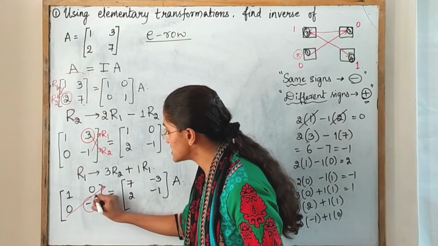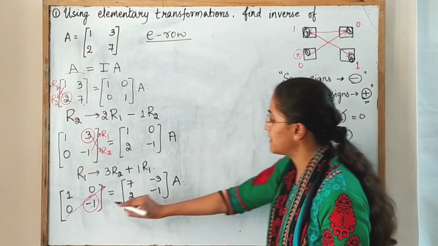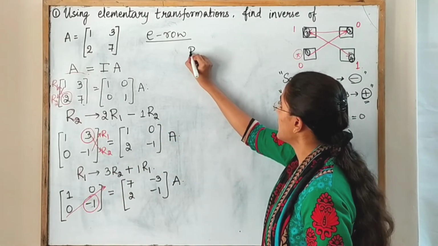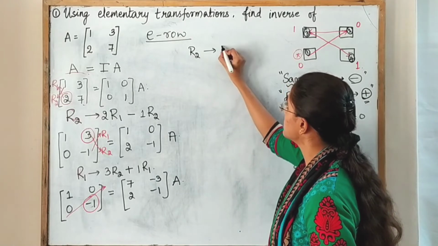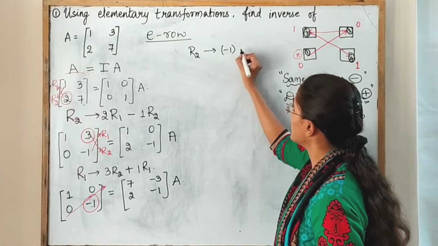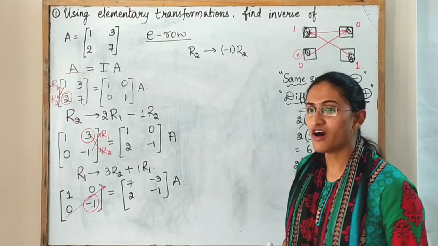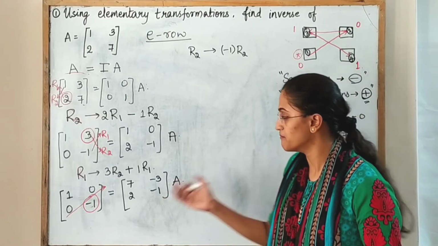To make that +1, I'll just multiply R2 with a -1. Fine, or you can also divide R2 by -1.